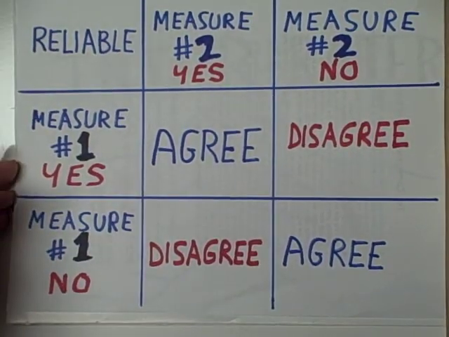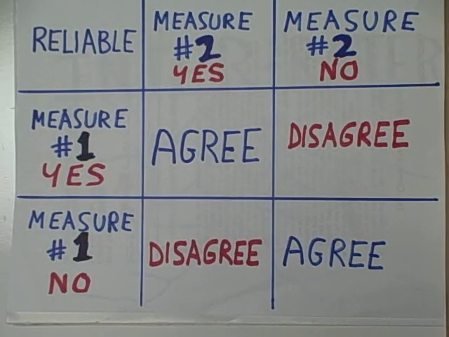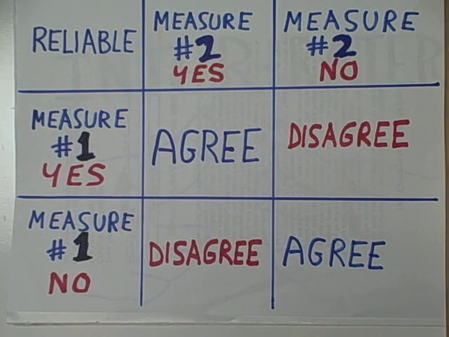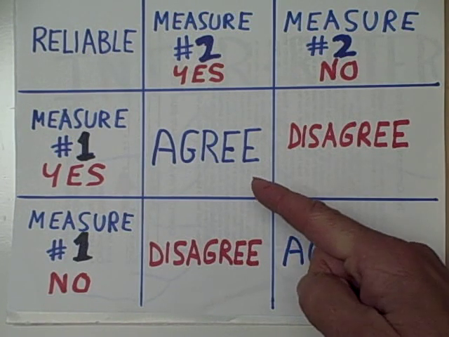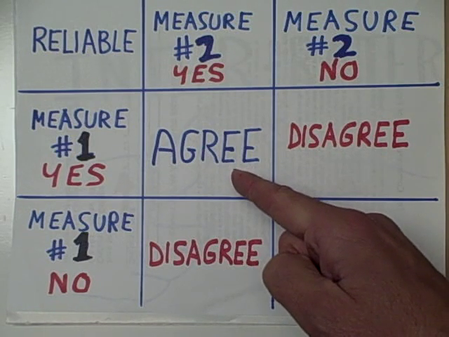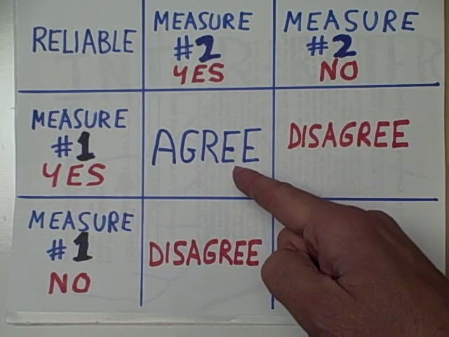Suppose we are diagnosing some patients. Rater 1 is a clinical psychologist who will say, yes, the patient has the disorder, or no, the patient does not have the disorder. Measure 2 might be a psychiatrist who says, yes, the patient has the disorder, or no, the patient does not have the disorder. If they both agree on a patient, the patient would be classified here. The patient has the disorder.